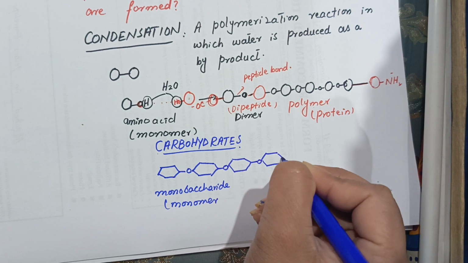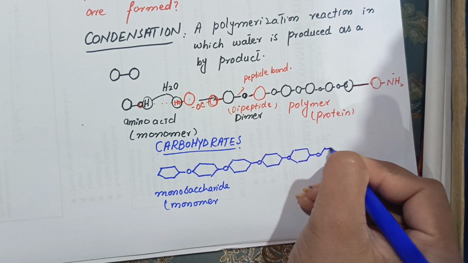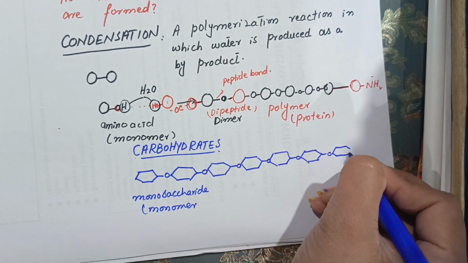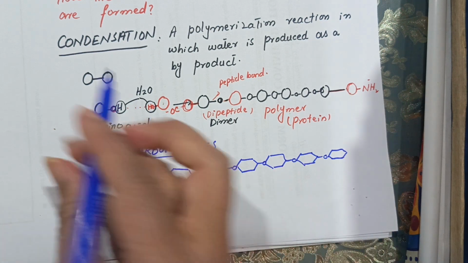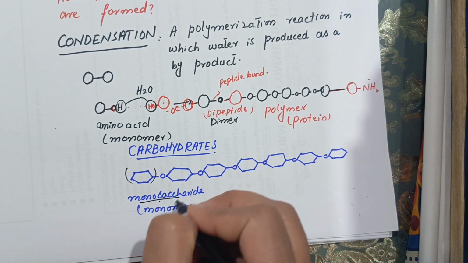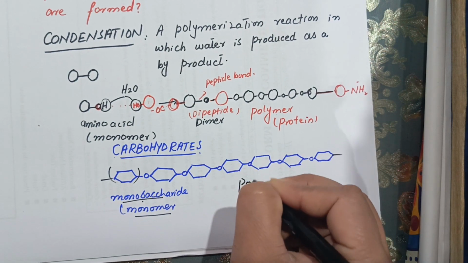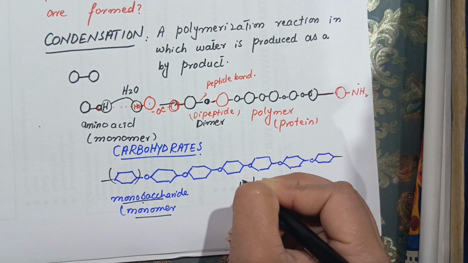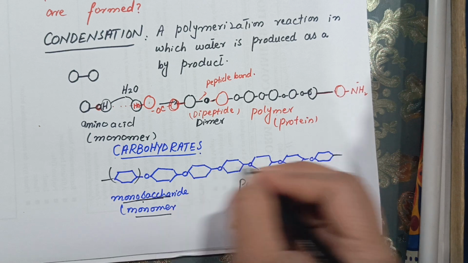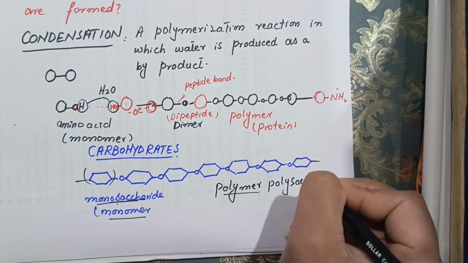Like this, larger and larger numbers of molecules will be attached together, and they form longer macromolecules, which are the polymers. If we talk about the single unit, it is the monosaccharide or monomer, but this whole molecule will be called a polymer. In this example, if the unit is a monosaccharide, then this molecule will be the polysaccharide.